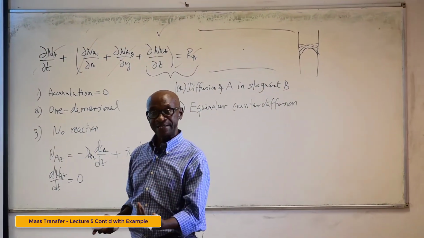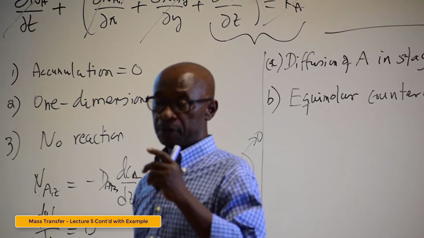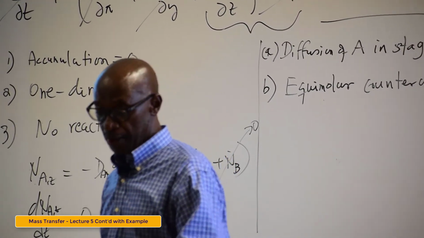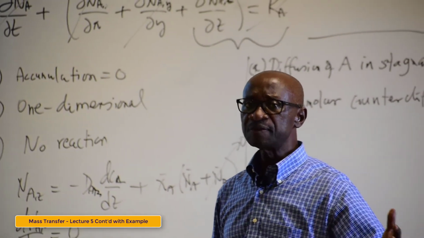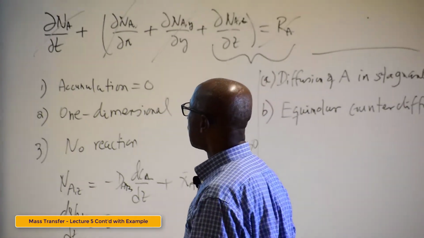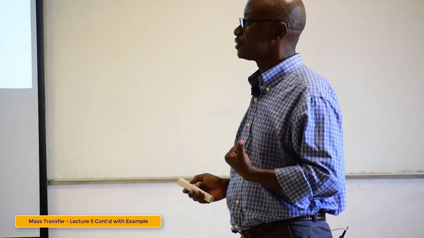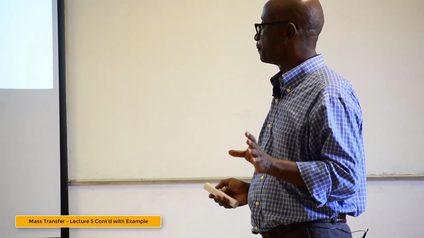And it is the charts that we use for solving these kinds of problems. And I want to illustrate to you how that is done. Under heat transfer, there are similar charts that are used. Okay, example of diffusion across an infinite medium.